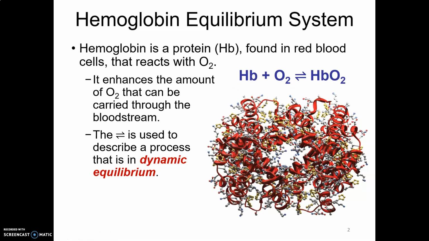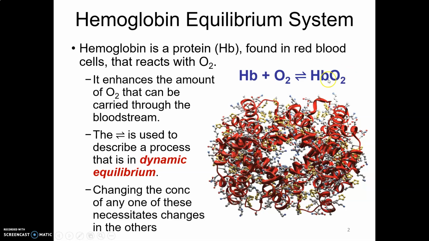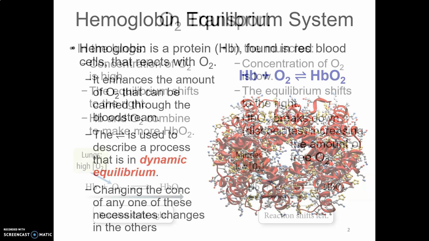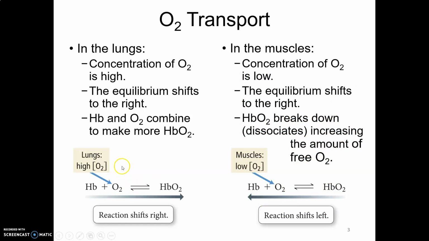And why this is necessary is this dynamic equilibrium allows us to maintain the oxygen level in our blood and to carry it to different places. Some places may need more oxygen, some places may need less oxygen, hence why it's important that this is reversible, right? So think of your lungs. In your lungs, you want to have a high concentration of oxygen.